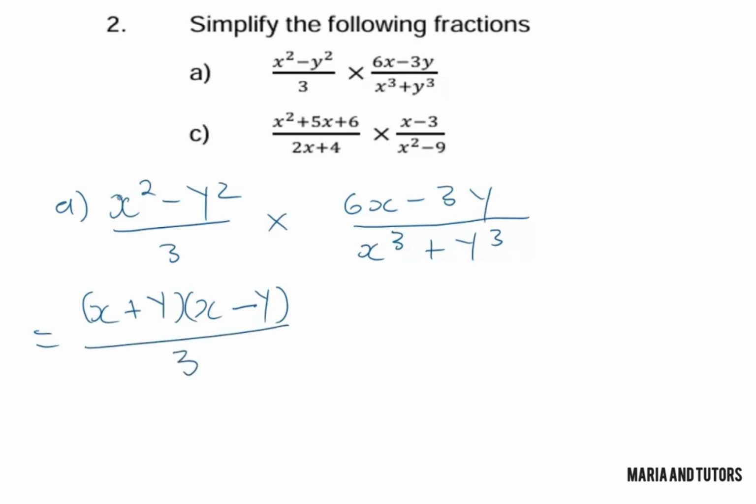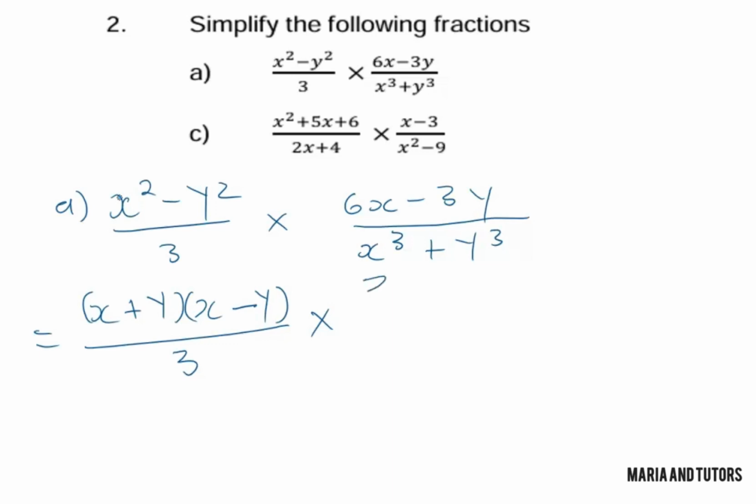So we're going to divide this by 3, then we write multiplied by, and then we go to the second fraction. On the second fraction, the expression that we have on our numerator can also be factorized. We can factorize it by taking out a common factor. The common factor that we can take out in this case is positive 3.